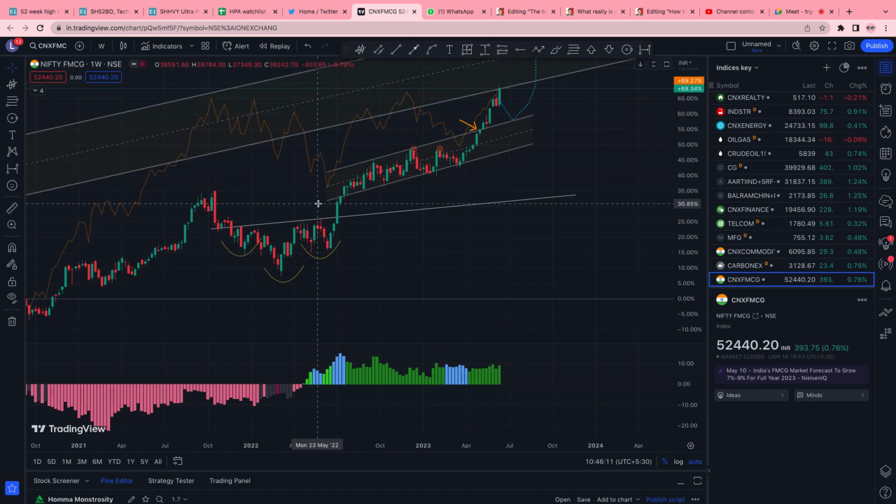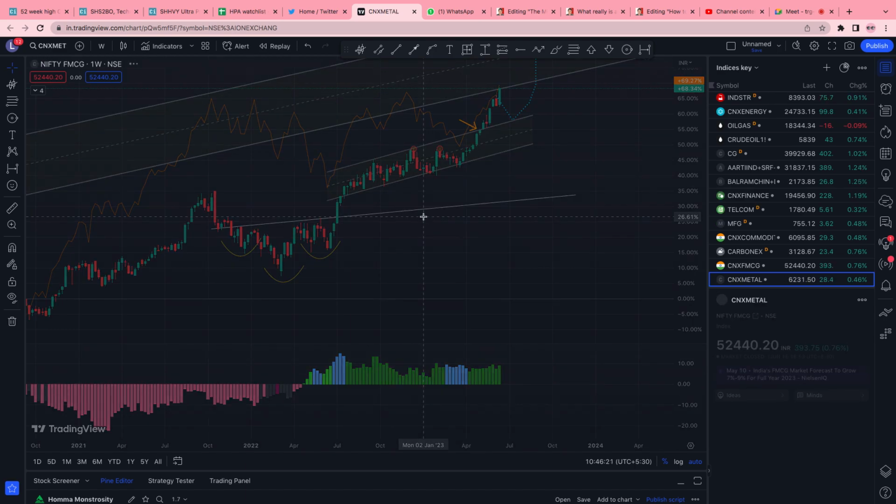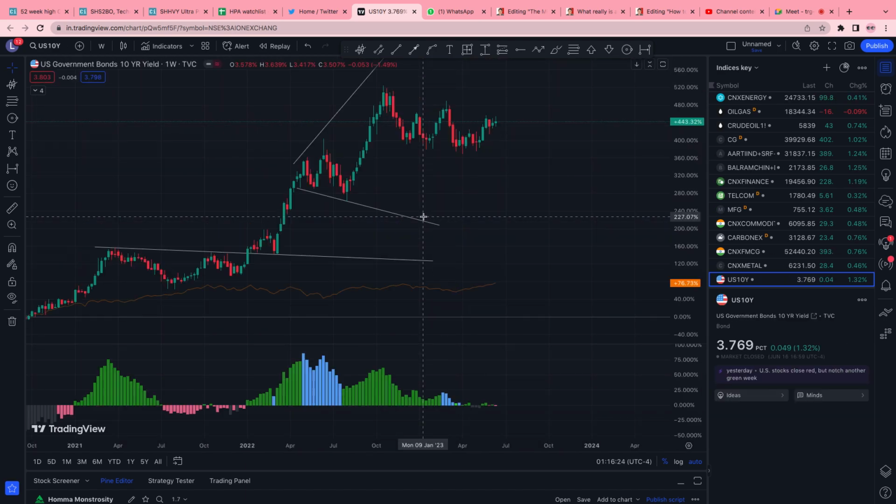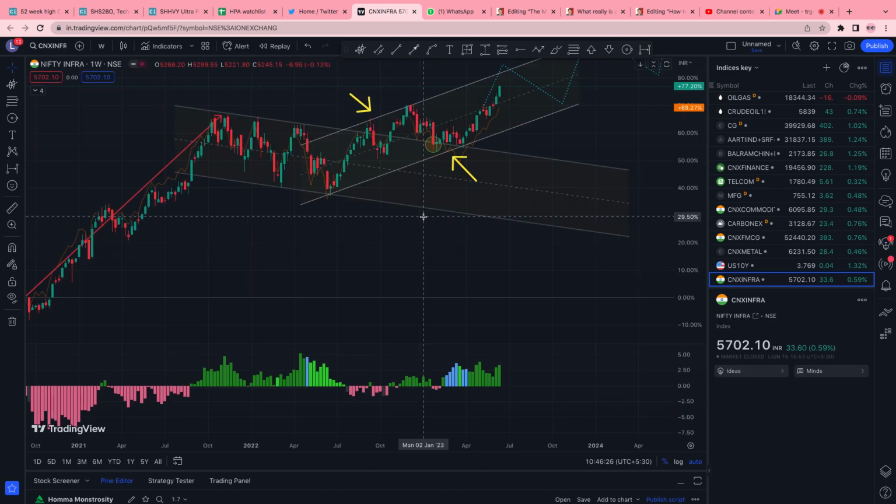Some names, even the large caps from the FMCG sector, have been doing well, and we all know what names like Varun Beverages have been doing, right? So yeah, nope, nope. Infra. So infra has just started the outperformance.